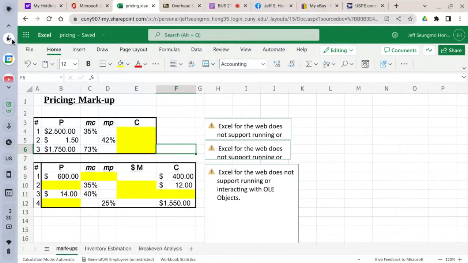Oh, so let me open. So let's think about price, right? If you remember the income statement, actually, income statement is the aggregate picture of what's going on with the price of one single item.